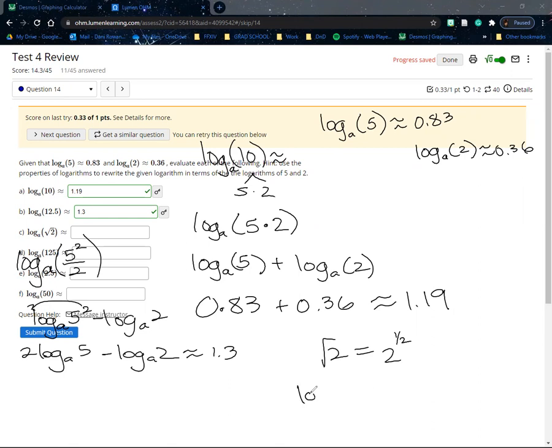So then you have log base A of 2 to the 1/2. Bring that 1/2 out front. And then we know what log base A of 2 is. It's 0.36. So you're taking half of that, and so on and so forth. So 0.18.